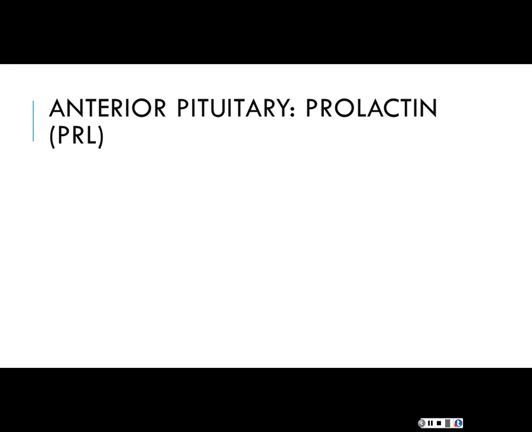What do you think regulates it? Go to figure 6.5. What do you think regulates the release or inhibition of prolactin? Oh, the name is awful, right? It's called prolactin releasing hormone. From the hypothalamus, it promotes the release of prolactin.